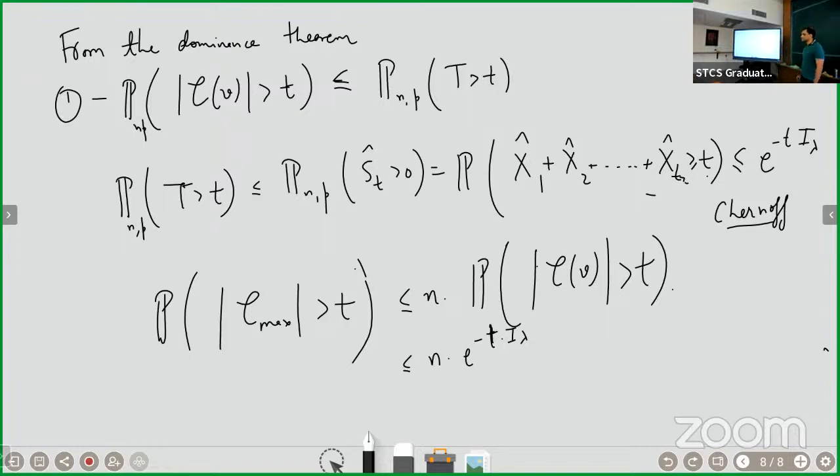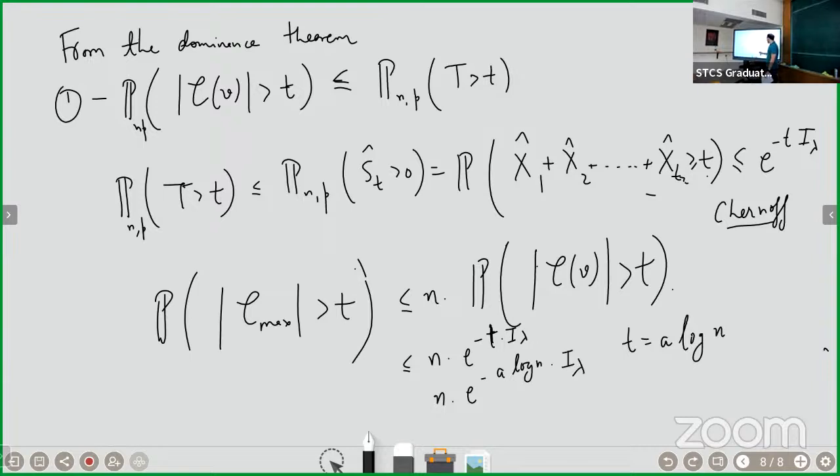That's what we want to show, that this probability is going to go to 0. So at t equal to a log n, what is the right hand side? It is n times e to the minus a log n times I lambda.